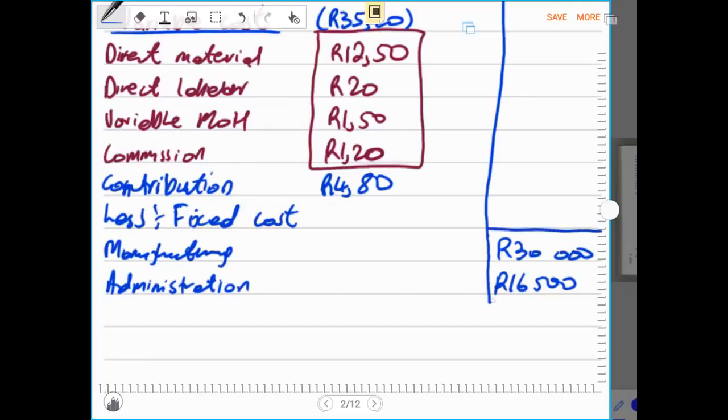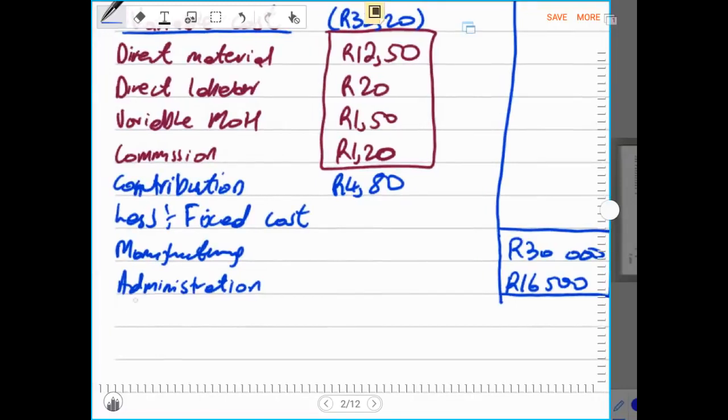There was no change with regards to this, and we know that after we subtract the fixed cost, we get to the desired profit, which is the net profit at the end. That is the profit that the owner wants to get. And the net profit of the owner has not changed. It is still 25,000 rands.